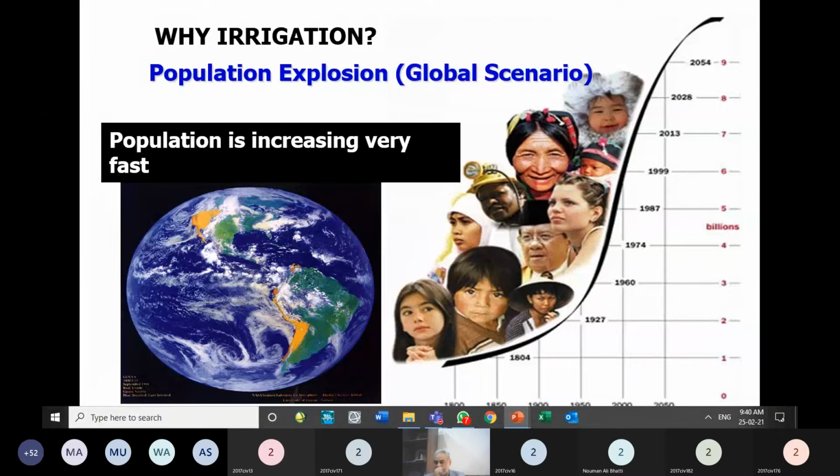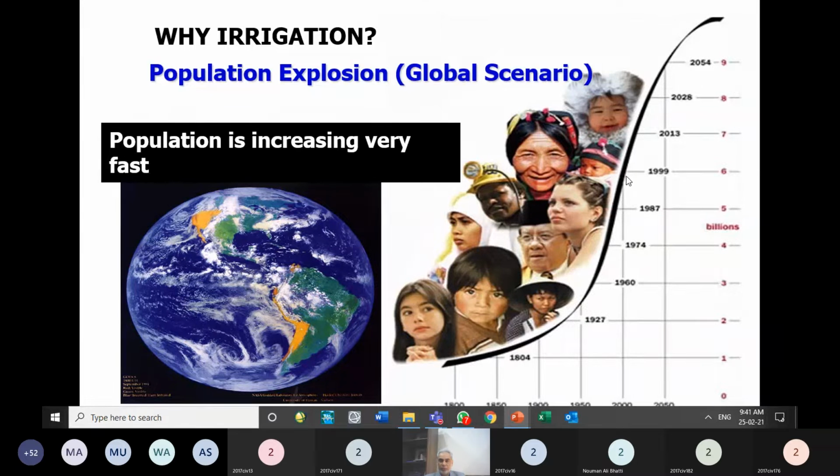Good practices of irrigation are even more necessary because of the growth of the population. Population is increasing at a very rapid speed. If you see the slope of this line, this is the population in different years. At the bottom, this is 1800, 1850, 1900, up to 2050.